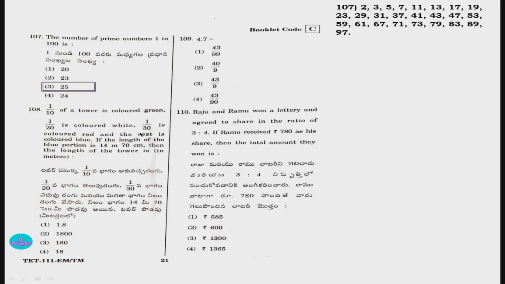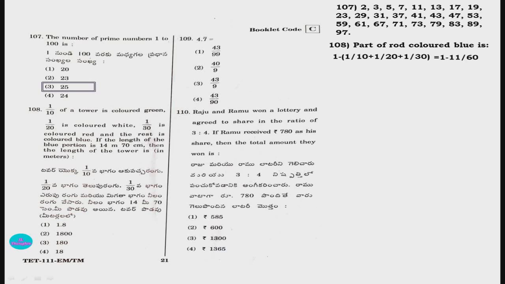Now the remaining part is blue. So if you want the blue part, what can we do? 1 minus, add all this, then we will get that remaining blue portion. The same thing we'll do now. Now the part of the rod colored blue is 1 minus, from the whole one part of the rod, if we remove 1/10, 1/20 plus 1/30, we will get the blue part.